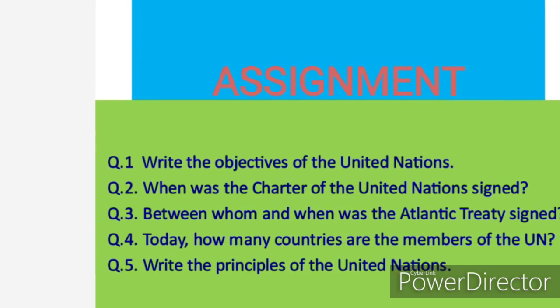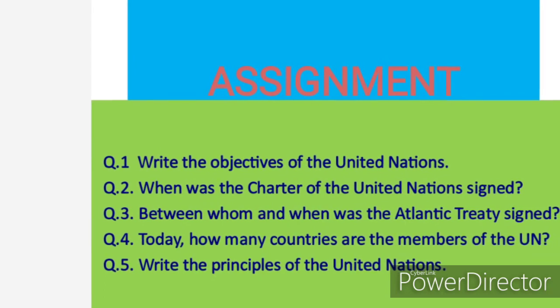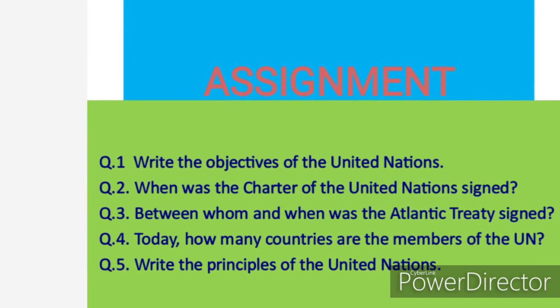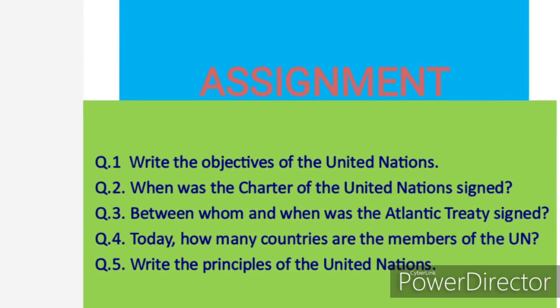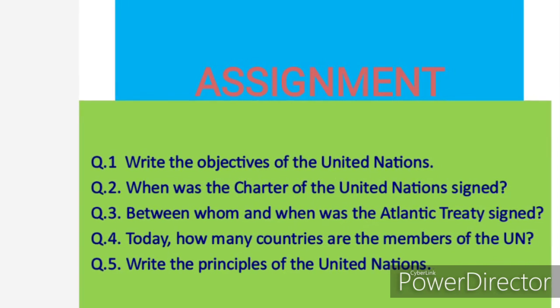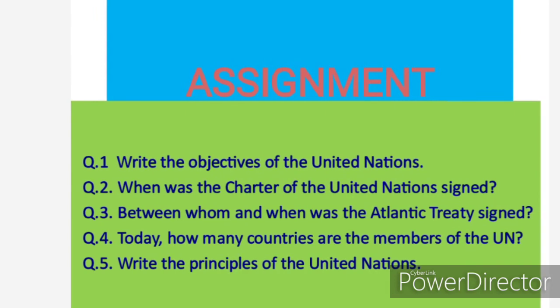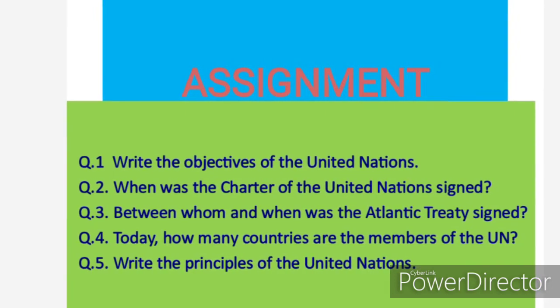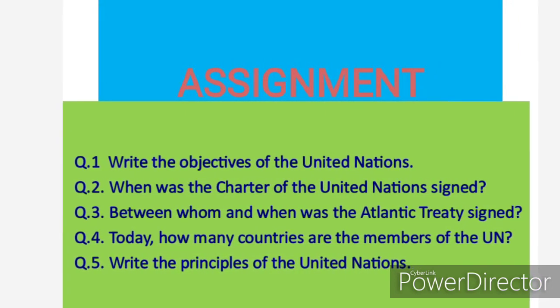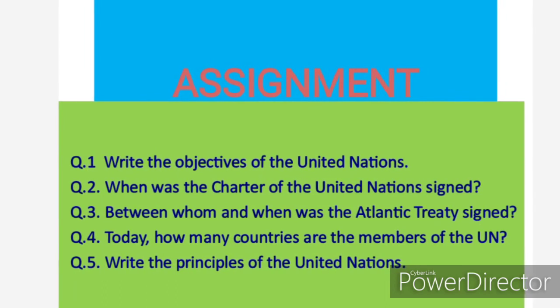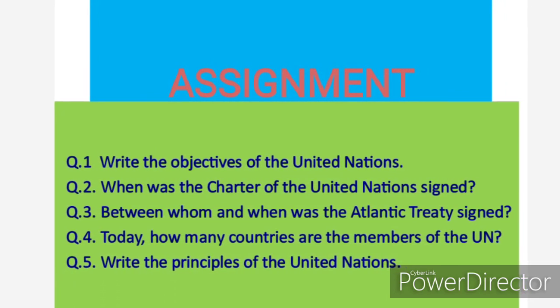Question number 3. Between whom and when was the Atlantic Treaty signed? Question number 4. Today, how many countries are the members of the United Nations? And question number 5 is, write the principles of the United Nations.